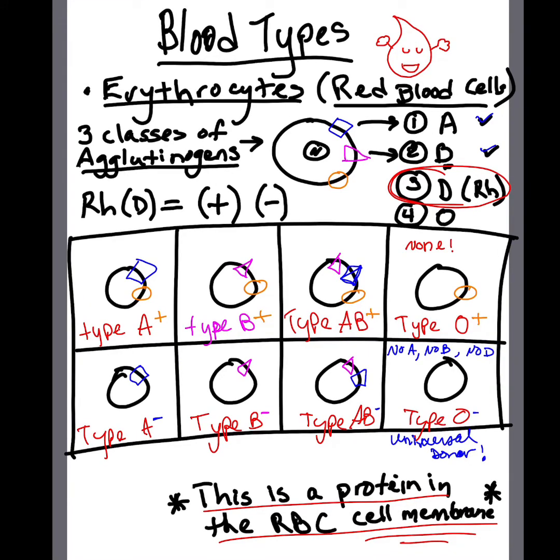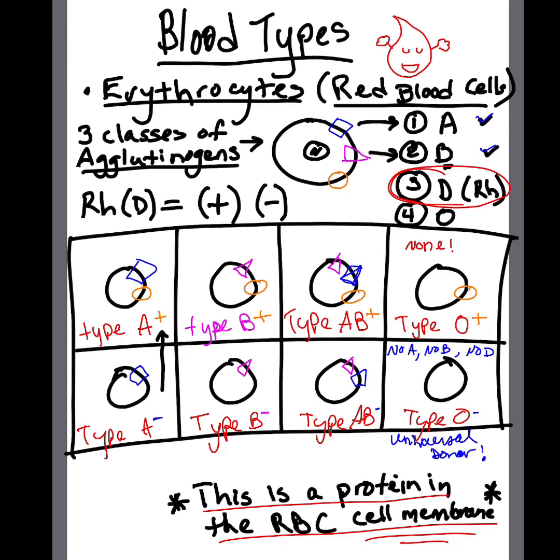Now, another interesting fact is that everyone that is negative in this category can give to their counterparts at the top of this table. So for example, this type A negative can be a donor to a type A positive patient because they don't have the RH factor, and so it won't react against it.